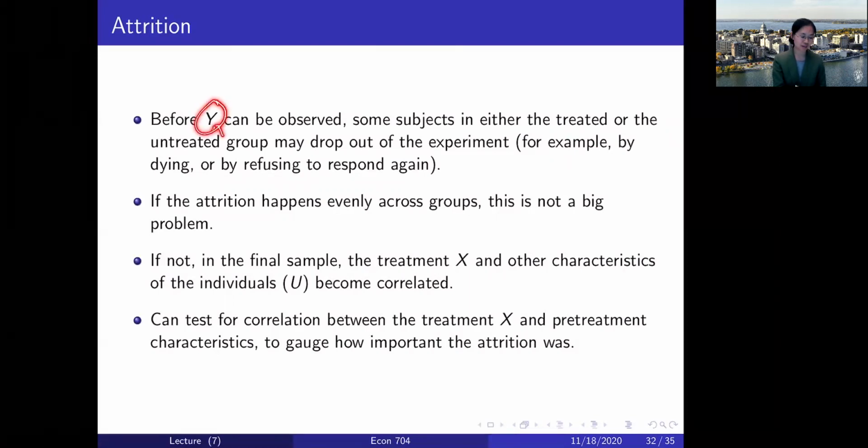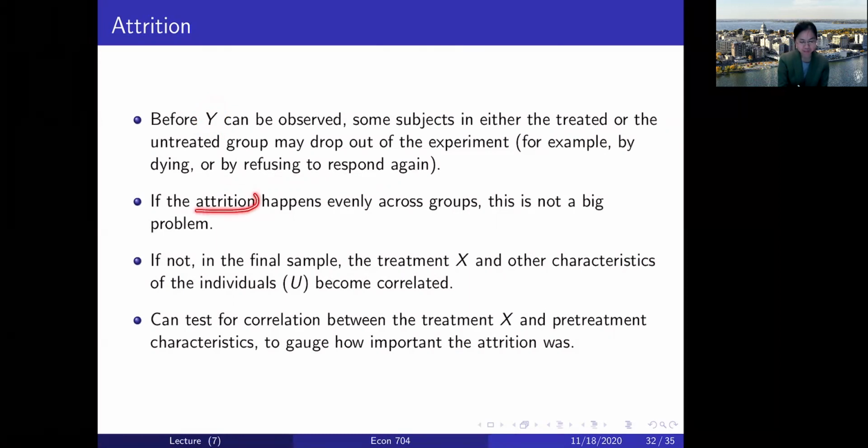But it turns out only maybe say 400 of those who were treated can still be reached, and maybe 450 of those who were on placebo can still be reached. Then your final sample will only be, say, 850 instead of 1,000. So that's attrition.